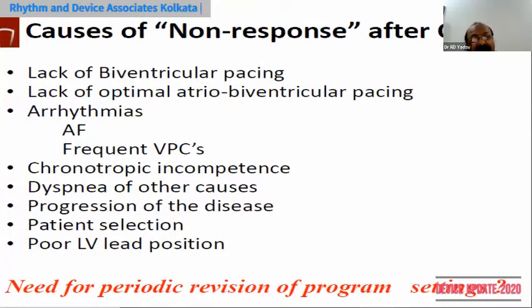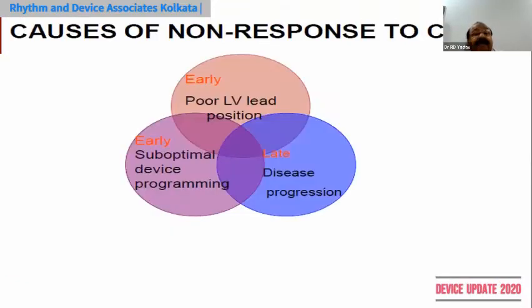Sometimes poor LV lead position is also responsible for non-response, but you have to adjust several things in between. So the cause of non-response in the early stage, immediately after implantation, is poor LV lead position and suboptimal device programming, and later on disease progression, lead displacement or other problems.